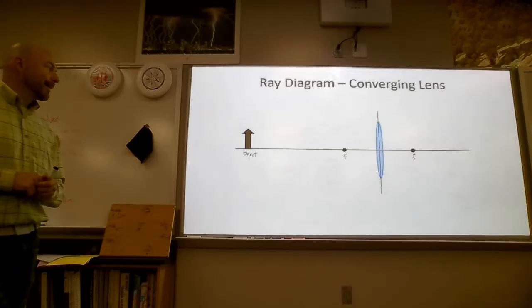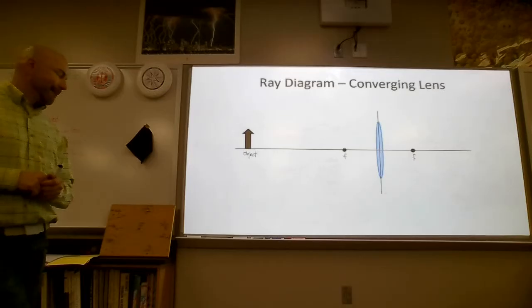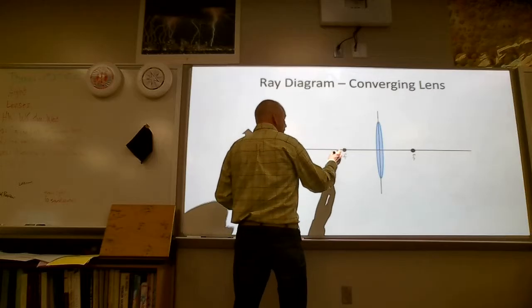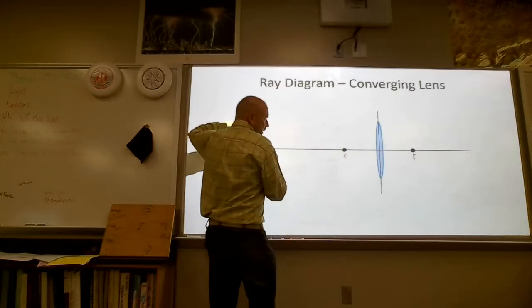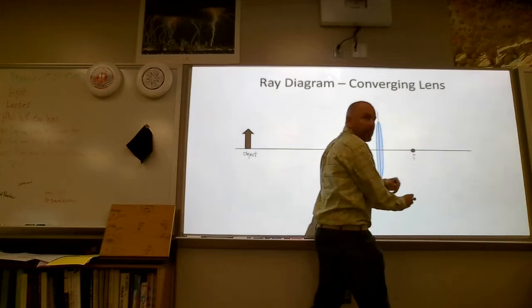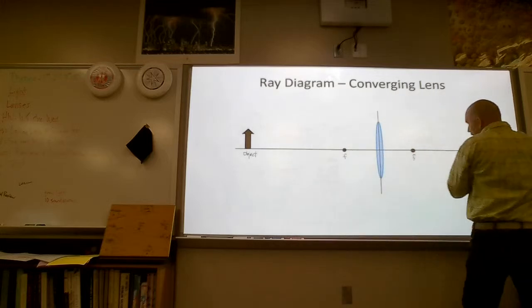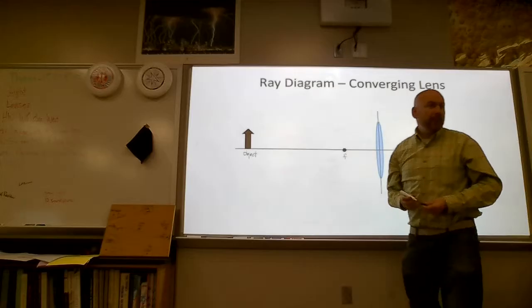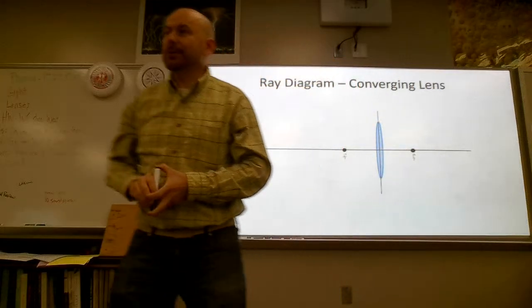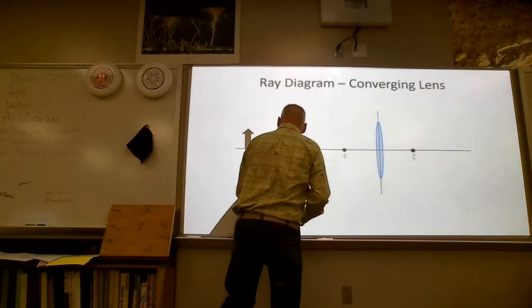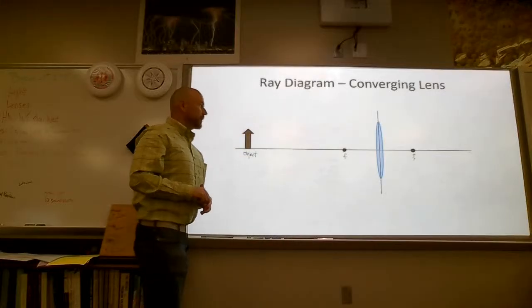All right, so you have two focal points. The first one, because parallel light's coming in, is going to go this way to the focal point. The reverse is true. So there's two focal points. Here's your object.